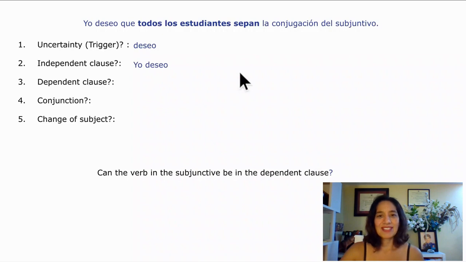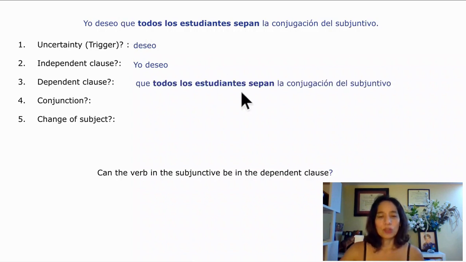Very good. Yo deseo. Muy bien. What about the dependent clause? Where does it start? It starts with que. So, que todos los estudiantes sepan la conjugación del subjuntivo. Is there a conjunction? Muy bien. La conjunción es que.